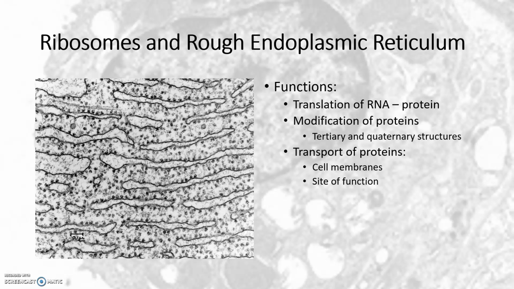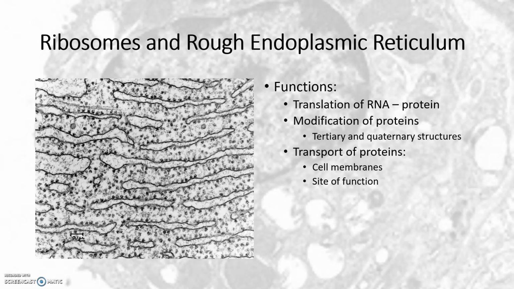Once this happens, the chains then fold on themselves to form tertiary and quaternary structures, which form what we know as complex proteins.